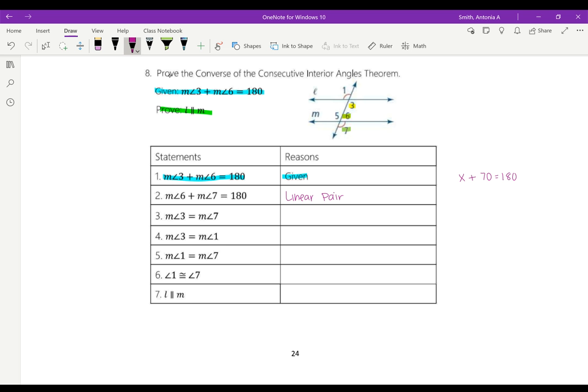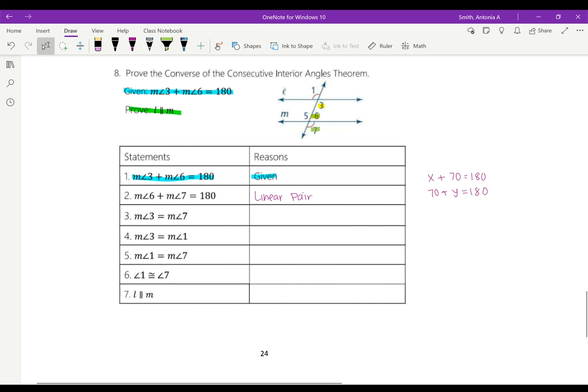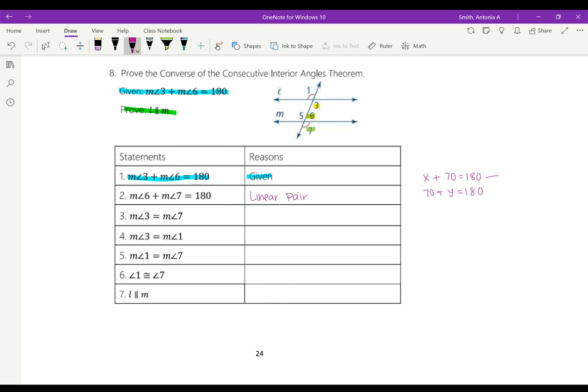Second statement says that 70 plus some other angle, 7, also equals 180. Well, if I get x by itself in this first equation, x would have to be 110. And if I get y by itself in this equation, y would have to be 110, which means that x and y are equal to each other.